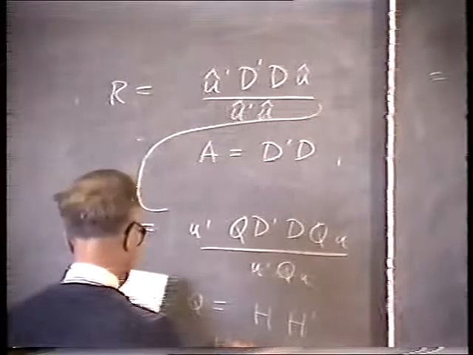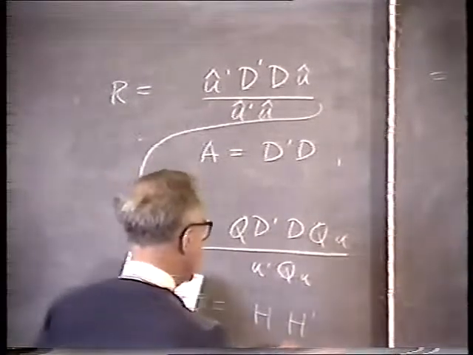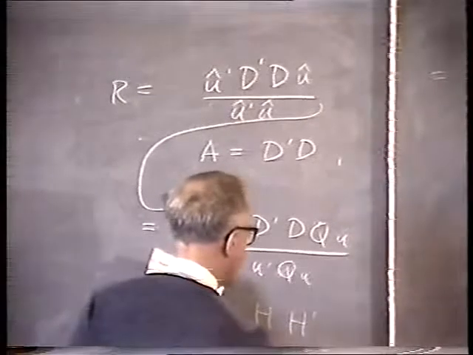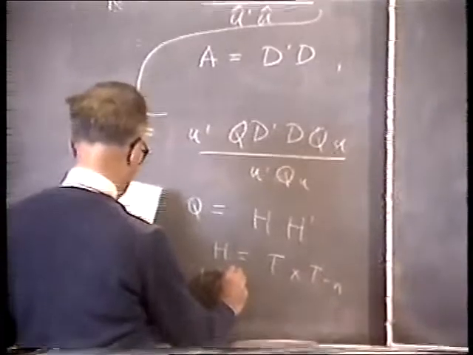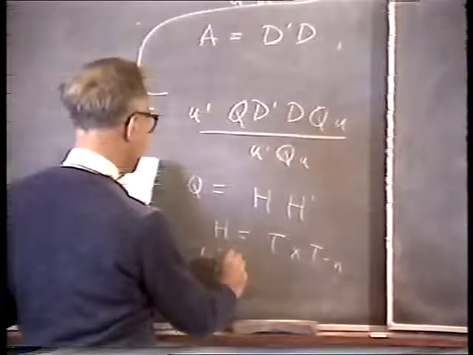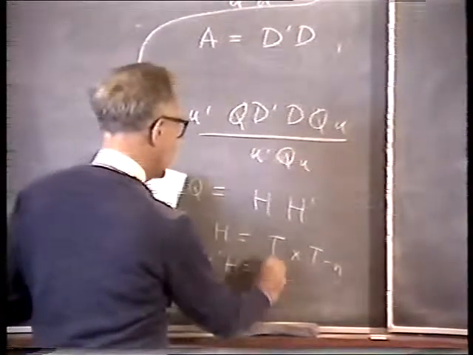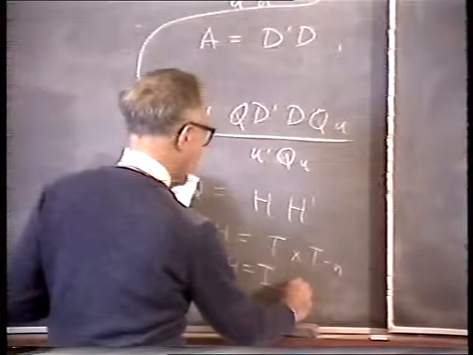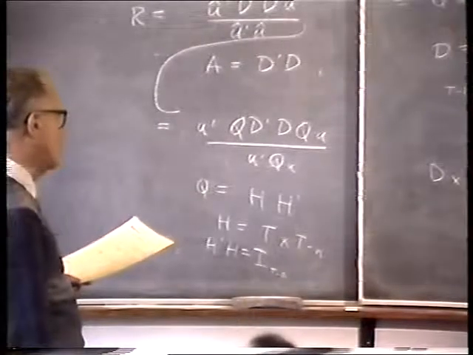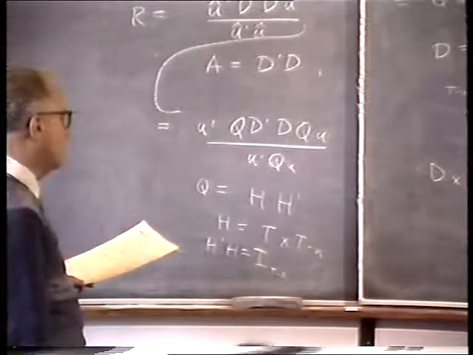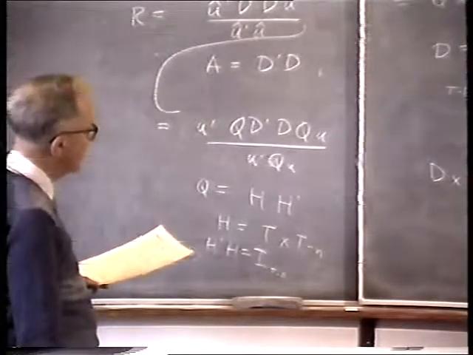H is T by T minus N and satisfies the equation H prime H is the unit matrix of order T minus N. This follows, of course, from the usual properties of symmetric idempotent matrices.